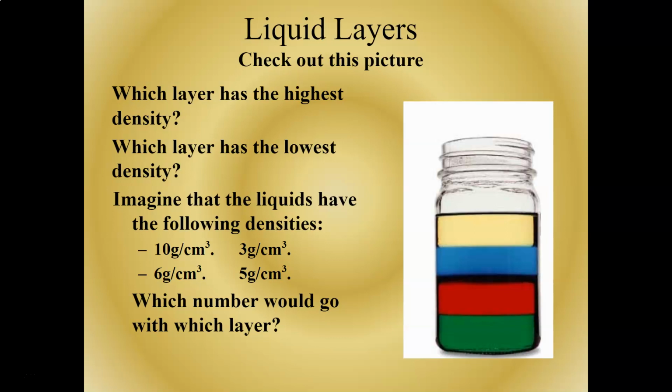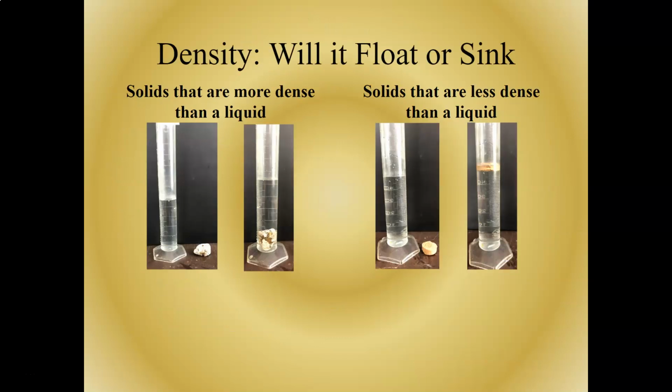So if you were looking at the fact that we have 10 grams per cubic centimeter, 6, 5, and 3, could you list out, looking at this mason jar, where each of those densities would be? Least dense on the very top, followed by the next, more dense, and then more dense until we reach the one with the highest density.